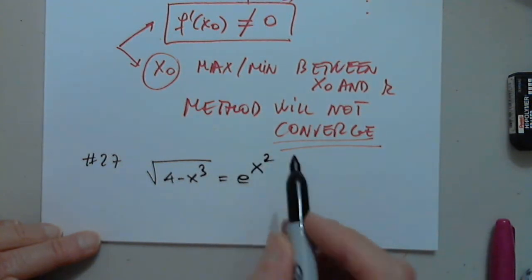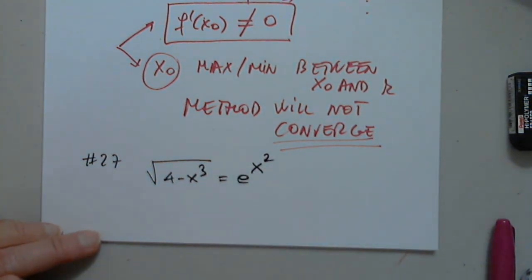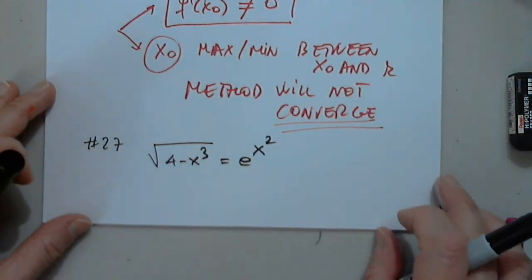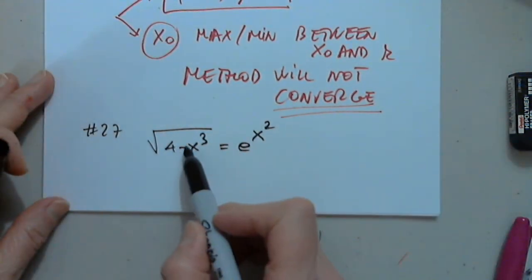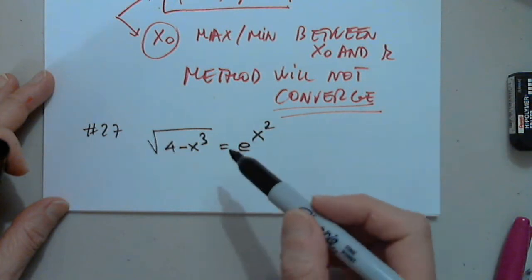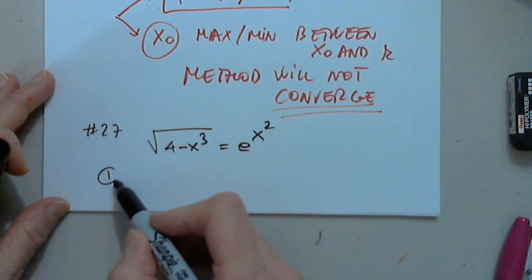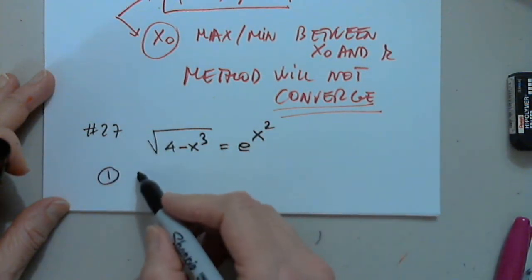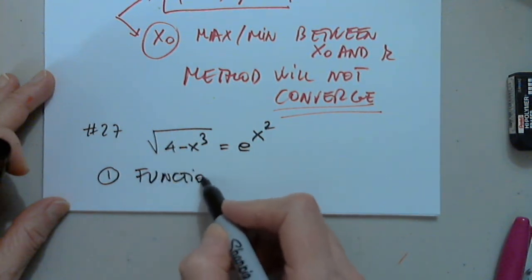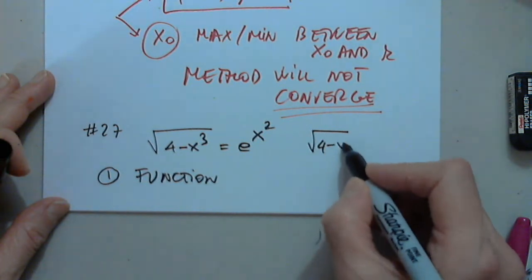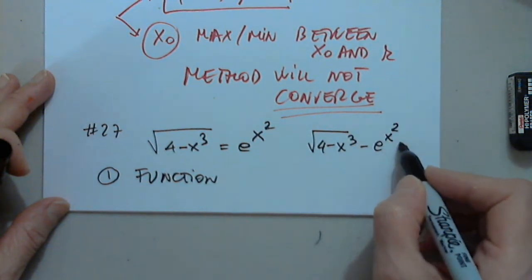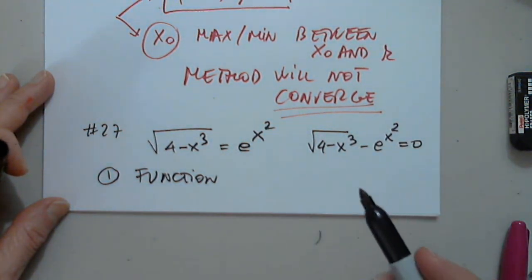e to x squared. No human being can solve this problem by hand. Okay? So there is no such thing. So in order to solve such an equation, the first step is I have to create a function, right? So solving this equation or solving this equation is the same thing.